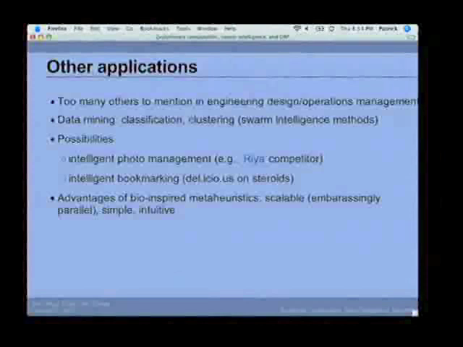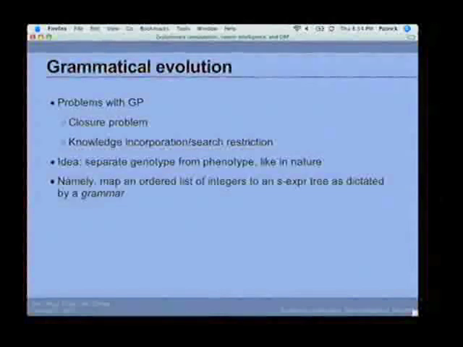So what DRP is most closely related to is something called grammatical evolution. Grammatical evolution basically is a reaction to genetic programming. It takes the opinion that genetic programming has some problems with it. The main one is that you have no control over the kind of individuals that evolve.